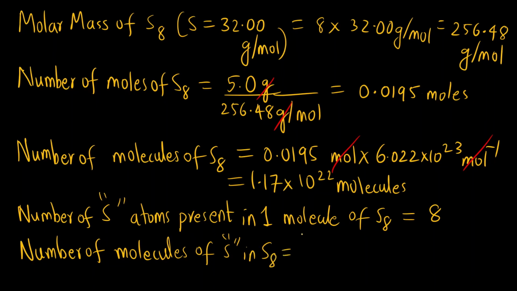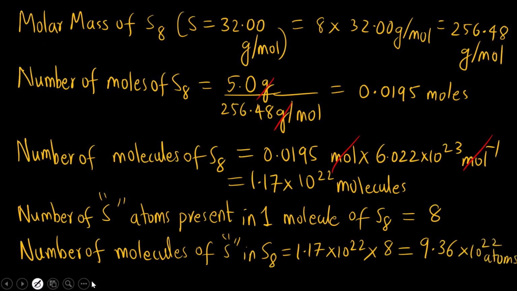How many molecules are present? 1.17 into 10 raised to 22, into, in one molecule there are how many sulfur atoms? 8. So this answer comes out to be 9.36 into 10 raised to 22 atoms. So these many number of atoms are present in our 5 gram of S8.